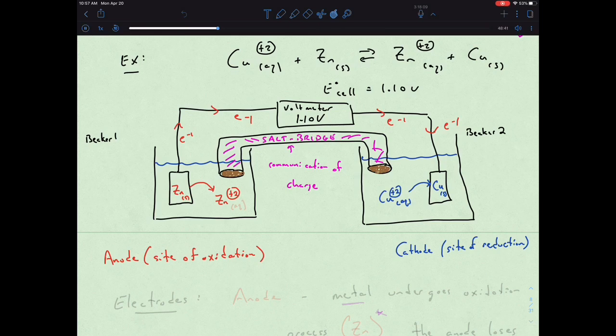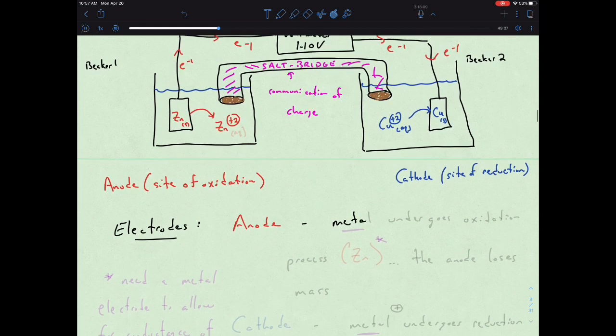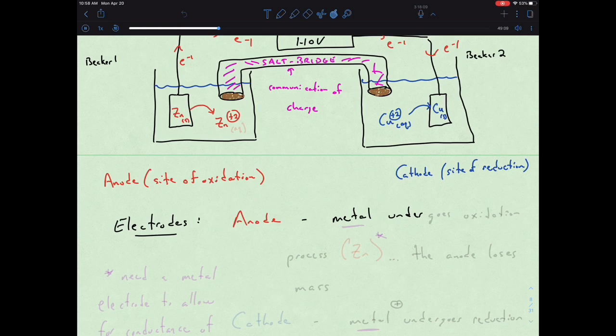So there's just these couple different pieces that we need to now kind of define within it. Meaning the electrodes. There is the anode, which is basically the metal that undergoes the oxidation process.